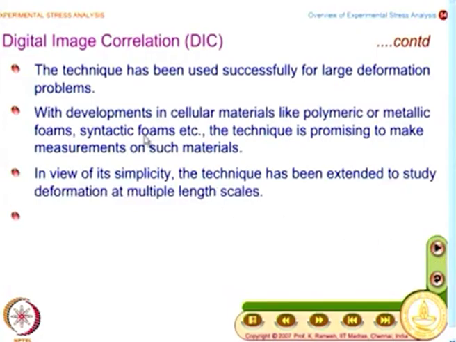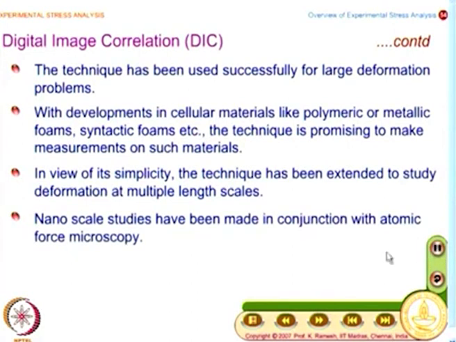And the technique is very simple. If you go from one scale to another scale, the methodology is essentially the same. The only thing is your optics has to be sensitive enough, and your speckle size should be adjusted suitably. In view of that, the technique has been extended to study deformation at multiple length scales. These days we talk of nanomechanics. So, nanoscale studies have been made in conjunction with atomic force microscopy, where you have whatever the beam that you use inside.